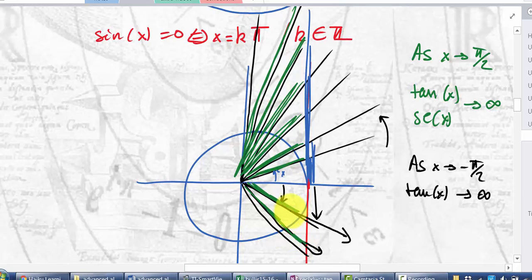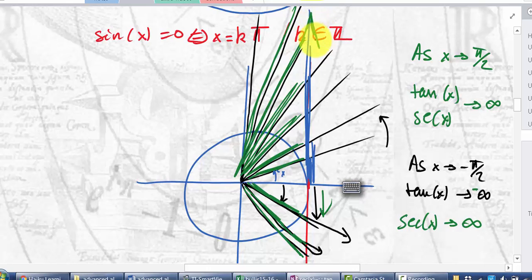On the terminal side right there, secant x is positive. So secant x still approaches plus infinity, while tangent x goes down because that's the negative side of your tangent axis right here.